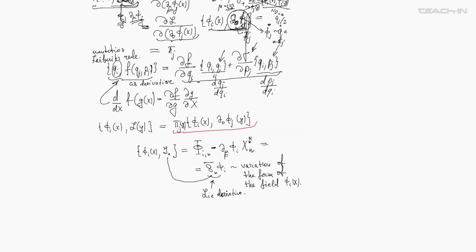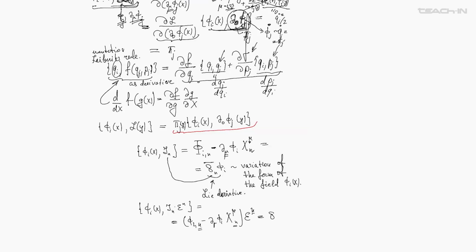So the Lie derivative. And what we are obtaining here is that if I sum up this Poisson bracket with the generators J_n with parameters epsilon_n of my symmetry transformations, then here I will get phi_i minus d_mu phi_i x^mu_n, summed up over the index n. And this is just a variation of the form of the field phi_i under infinitesimal transformations with parameters epsilon.